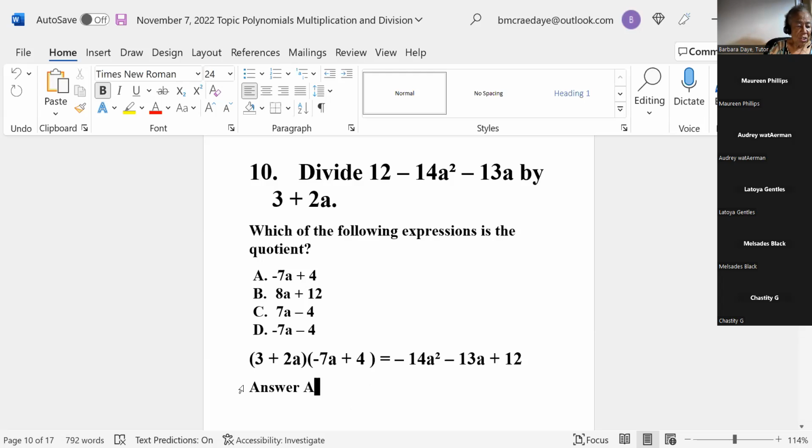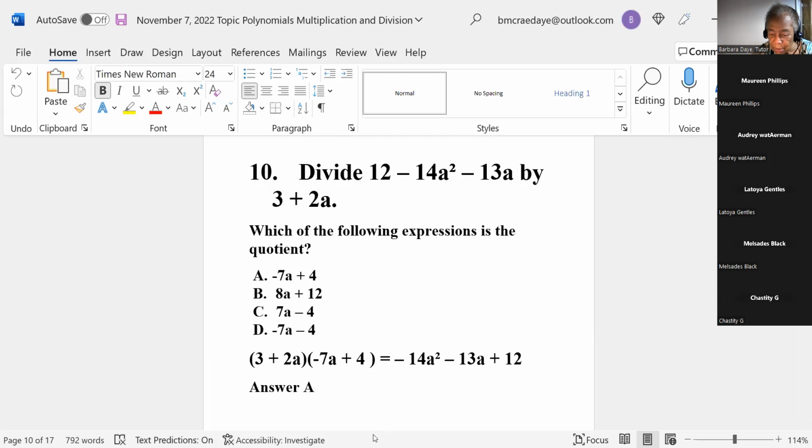Any questions? So you're really doing the reverse of FOIL. You say, well, this is my result of FOIL. This is one of my terms. What must my other term be? And it has to be minus 7a plus 4. I got that right. You had it right? Yes, ma'am. Very good. Or did you do that one?